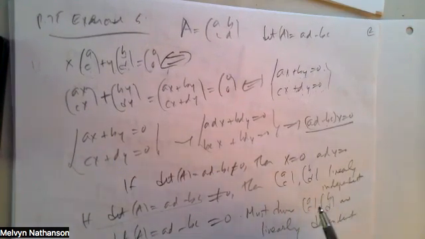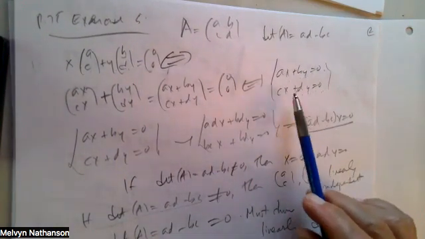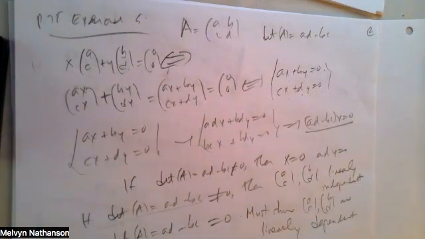In other words, which is the same as saying this system of equations has a non-zero solution. So how can we find such a solution? So AD minus BC is 0. How do we find a non-zero solution of these equations?